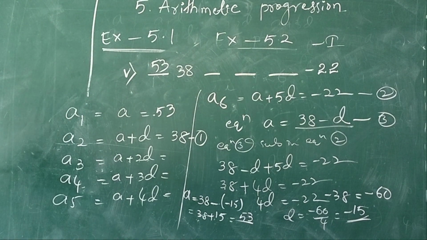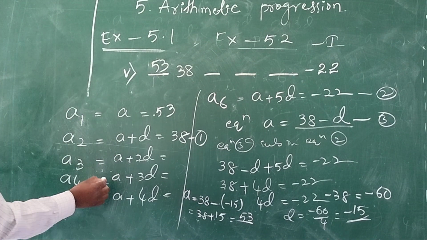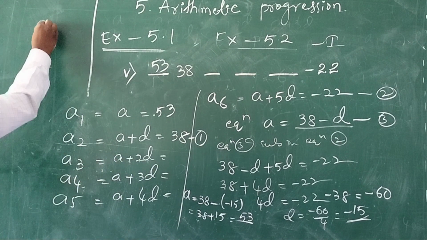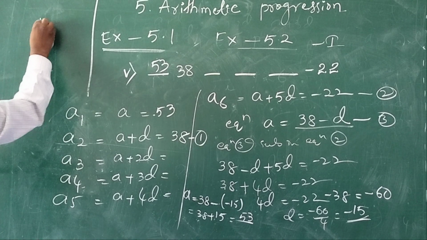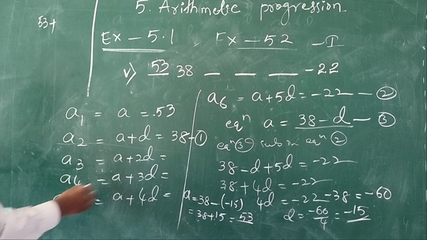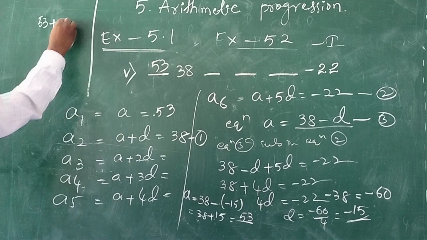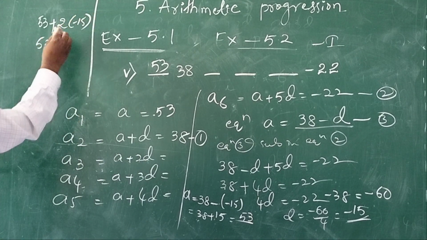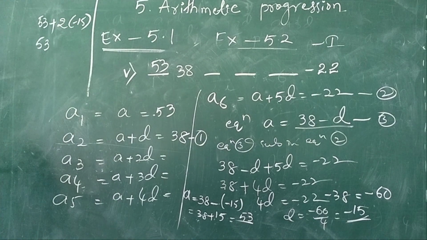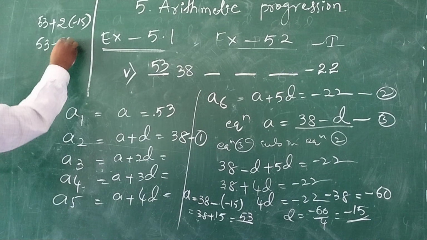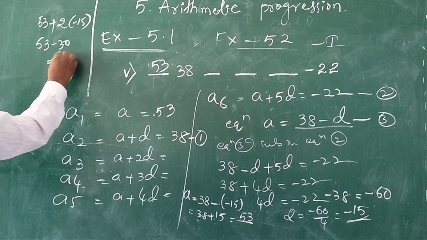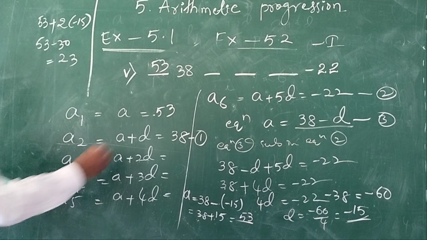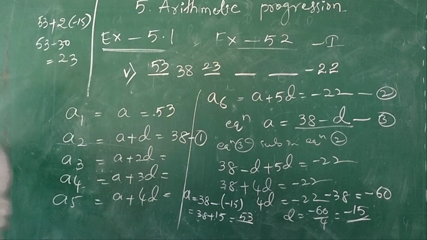Here I am finding the third term. a value 53 plus 2d, 2 into minus 15. So 53 minus, 15 into 2, 30. 53 minus 30 is equal to 23. So here 23.